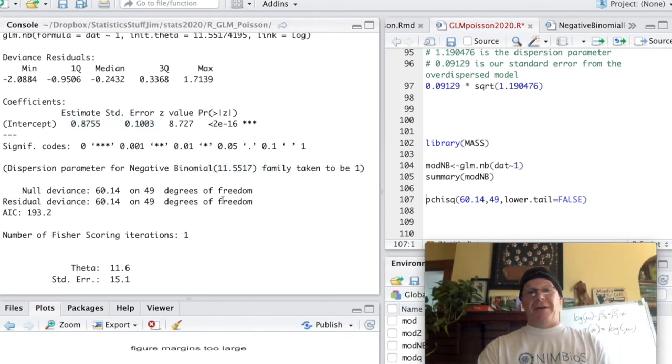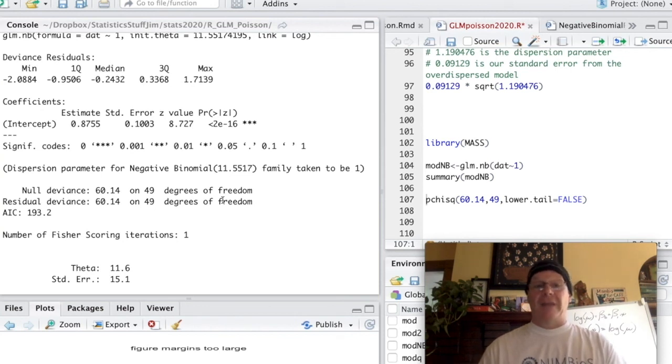This dispersion parameter is actually a parameter within the probability mass function for a negative binomial, which means that we actually are now getting a likelihood. And as such, we would have an AIC, so we could, if we wanted to, compare various models.